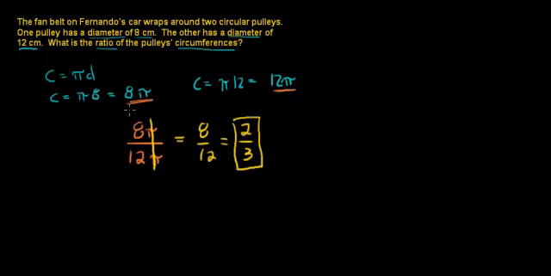So this is why using pi can be so handy in your calculations. There was no reason for us to take 8 times 22/7 or 8 times 3.14. I can just take 8 pi and leave this in there, come up with this answer and this answer, put them into a fractional ratio, reduce, and come up with an answer. I got my ratio right there, 2/3, or 2 to 3. So I can express my answer as a ratio.